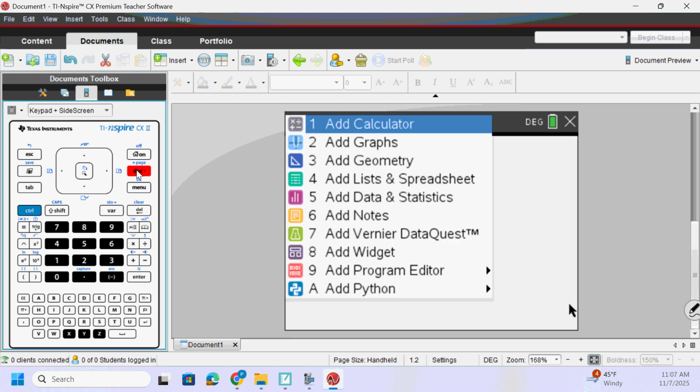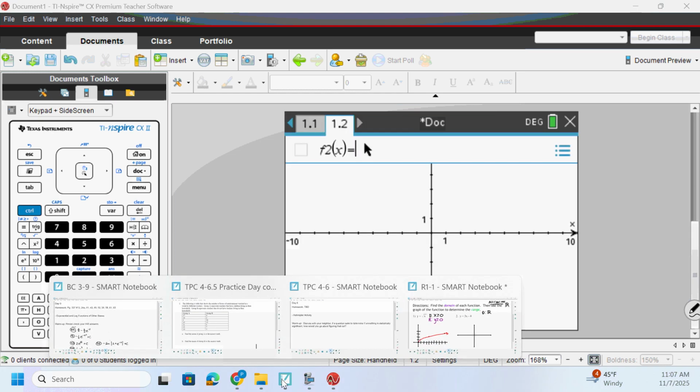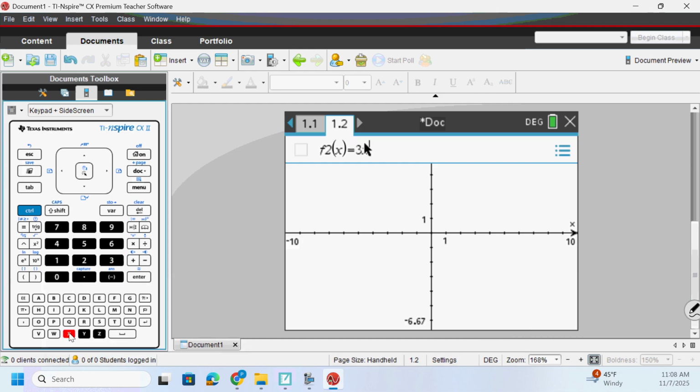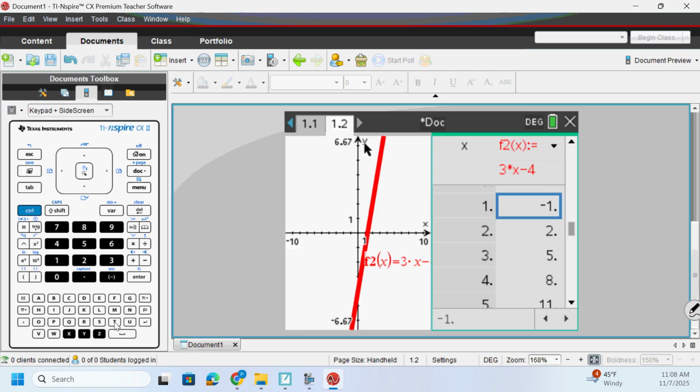So I'm doing Control Doc to add a graphs page. Our equation we had was 3x minus 4. And then I'm going Control T. So some points we have are like -1, -7, 0, -4, 1, -1, and so on.